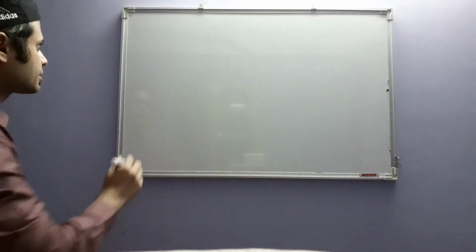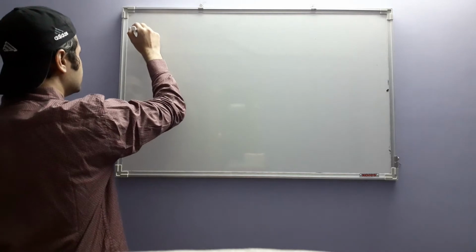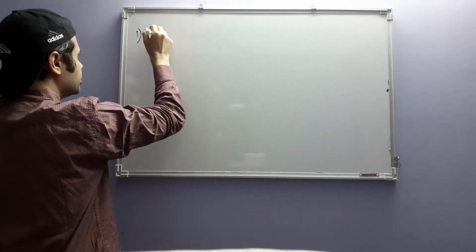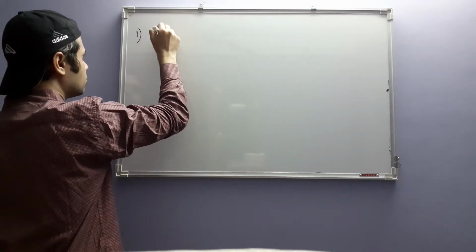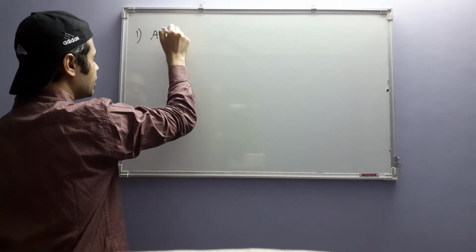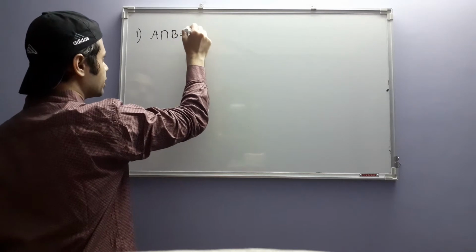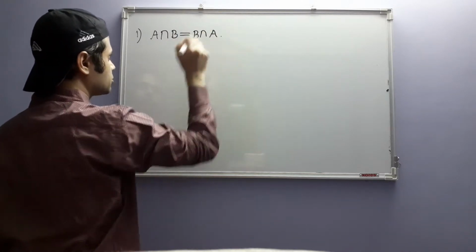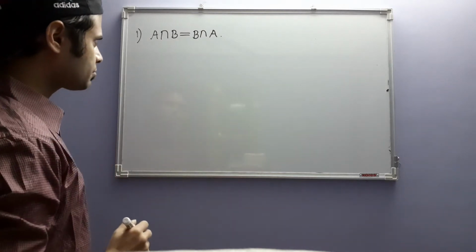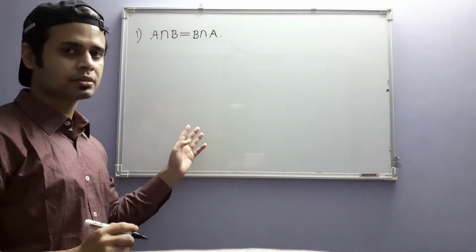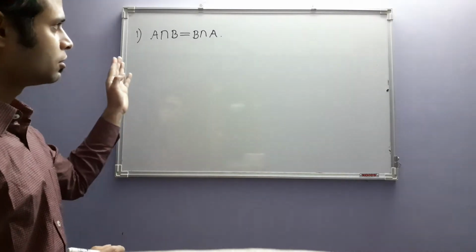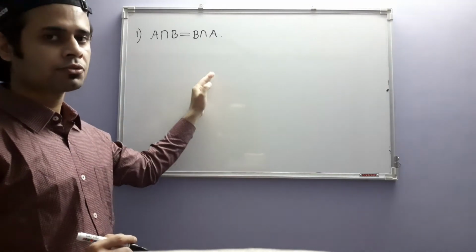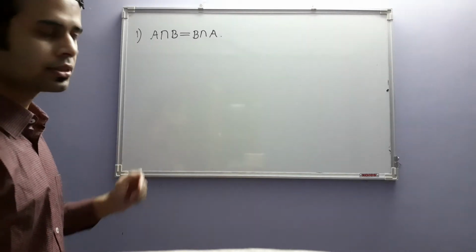So the properties, as you can recall, the first one was commutativity. For two sets A and B, their intersection is commutative. This goes along the same lines as the previous proof of commutativity of union, but nevertheless, for the sake of completion, I'll carry this out.